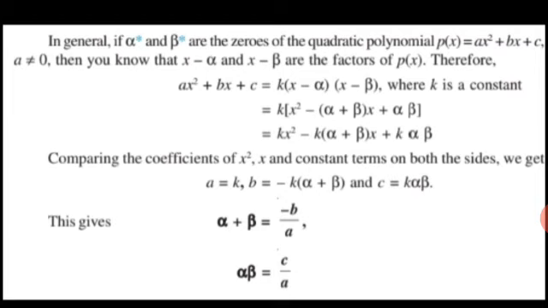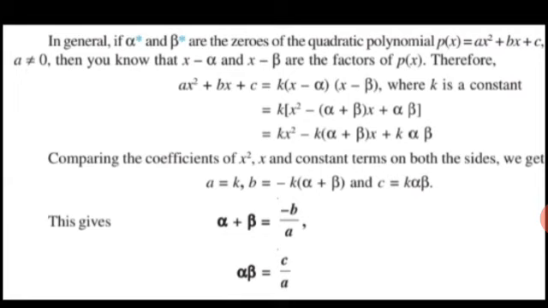And the product of the zeros, alpha beta, is equal to c upon a, wherein a, b and c are the coefficients that you can check from the given polynomial itself. So these two are the relationships. We are going to prove these things later in the same video.